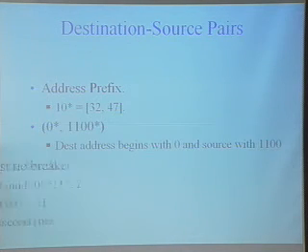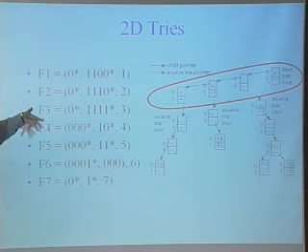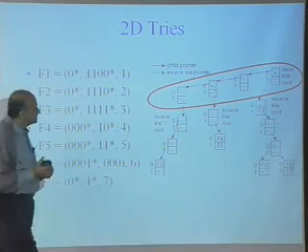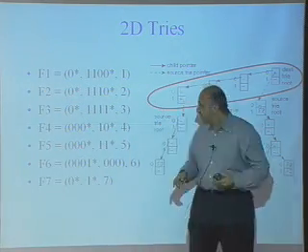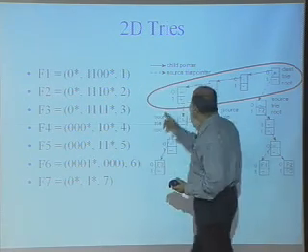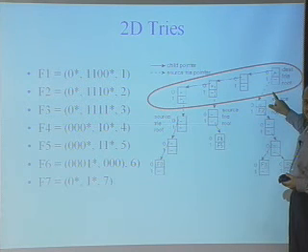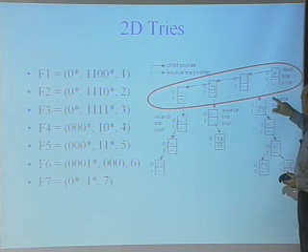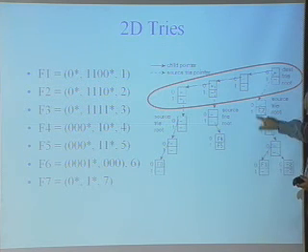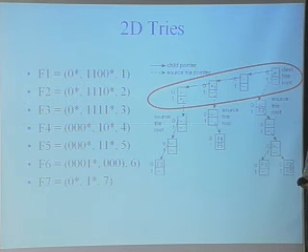And we've skipped this. When you get to 2 dimensions, you could certainly extend tries to 2-dimensional tries. Okay. So what I've done out here is I've taken the destination prefixes, which are the first ones out here, and represented them with a 1-bit trie up here. Okay. Then all of the filters that have the same destination prefix get mapped into a secondary trie based on the source prefix.